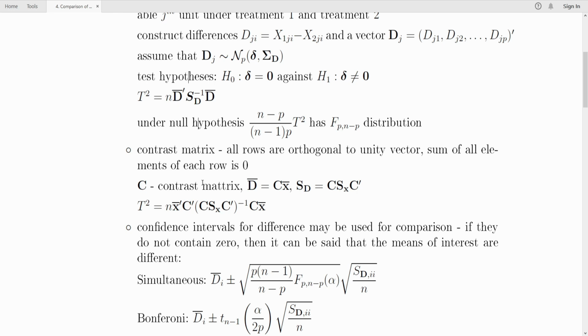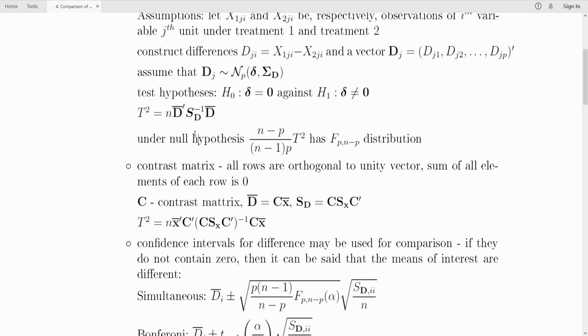So using a particular C, which satisfies this assumption, we can actually see that the differences can be computed in this way. Also, S_D can be computed like this. By substituting these two values in our Hotelling t-squared statistic, we can compute the t-squared value without computing the differences.